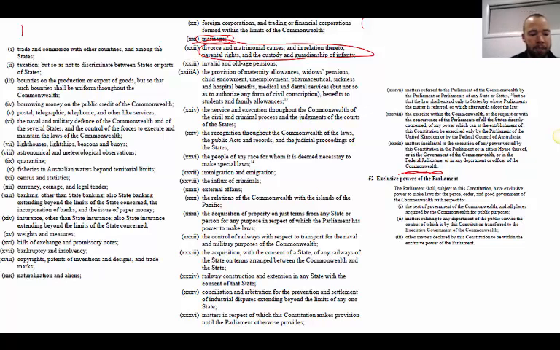Another area of concurrent power is taxation. So most taxes that we know of, like income tax that comes out of your pay, is a federal tax. GST that you pay on all your goods and services, a federal tax.